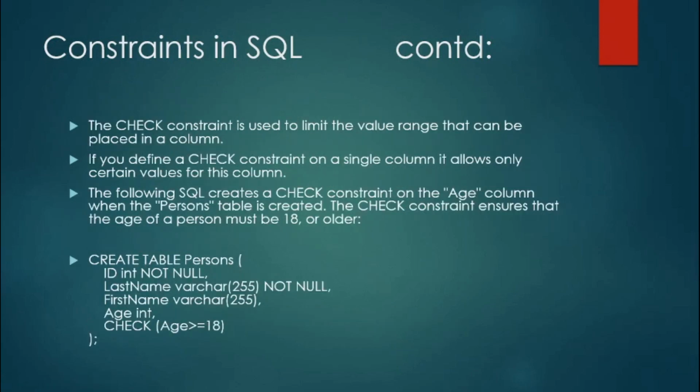Now we are seeing the check constraint. So what does this check constraint usually do? Check constraint is used to limit the value range. Let me give some example for you.